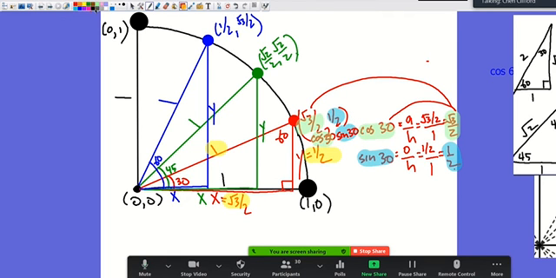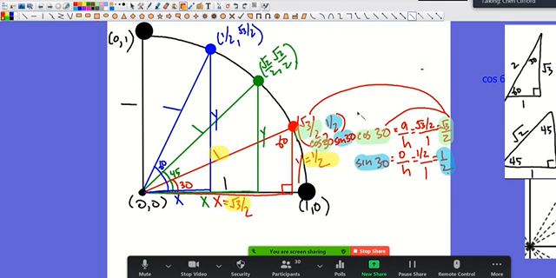Let me draw a dividing line so things don't get too congested here. Long story short, cosine of 30 is root 3 over 2, and sine of 30 is 1 over 2. So the x-coordinate here happens to be cosine of 30, and the y-coordinate happens to be sine of 30.